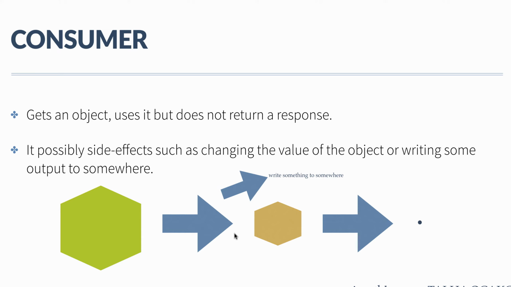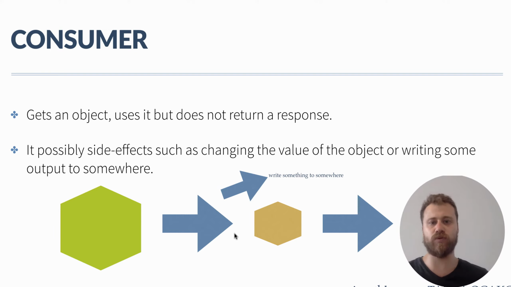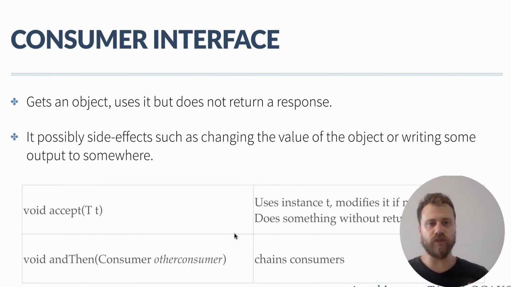So consumer is somehow contrary to philosophy of functional programming, but has some specific goals to mutate the data in the input argument or for some side effects such as writing some data to console. A consumer interface has two methods.